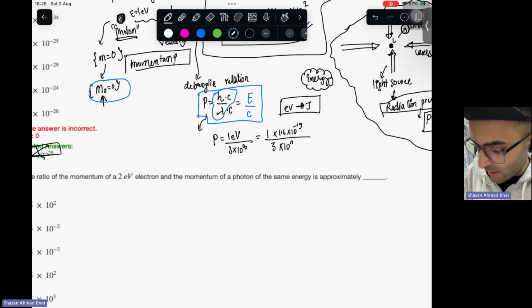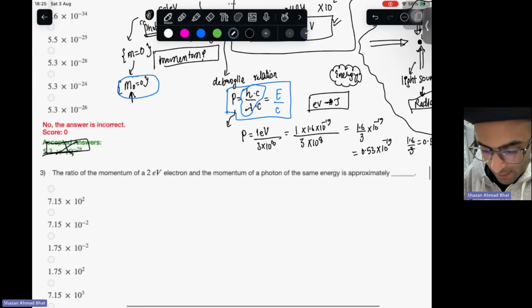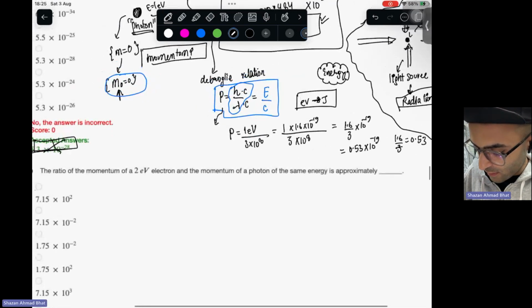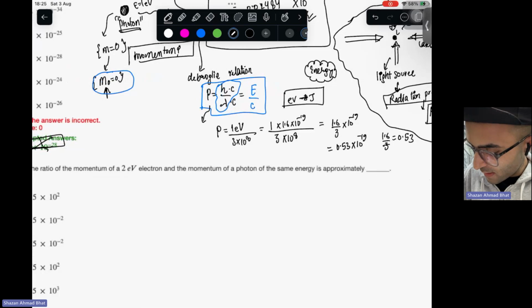So it is divided by the speed of light. If you compute it, 1.6 divided by 3 gives 0.53, so you get 0.53 into 10 to the power minus 19, and there is 10 to the power minus 19 minus 8.